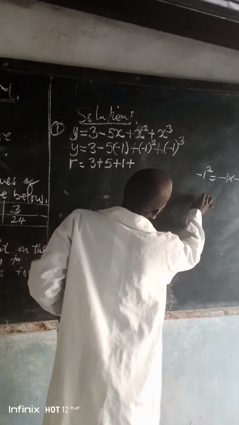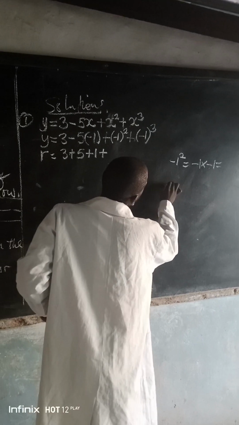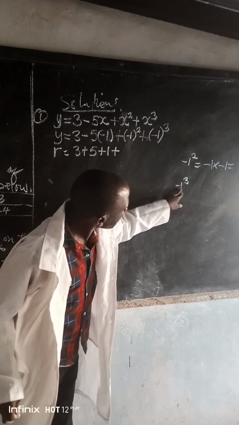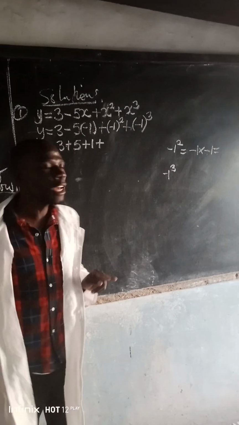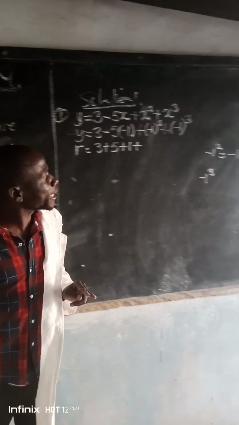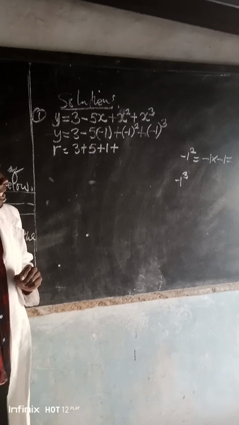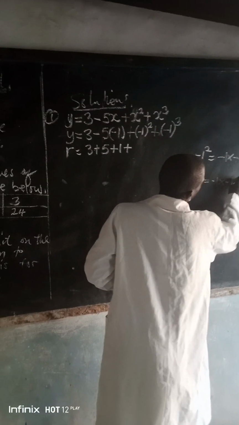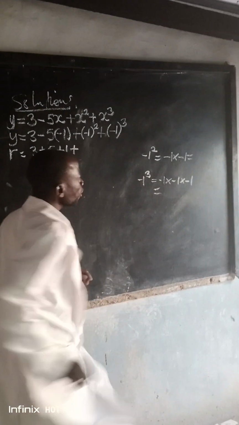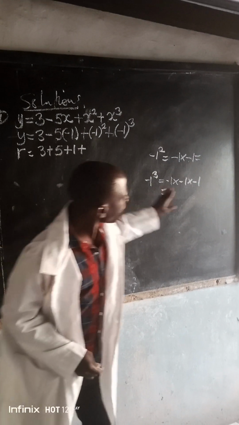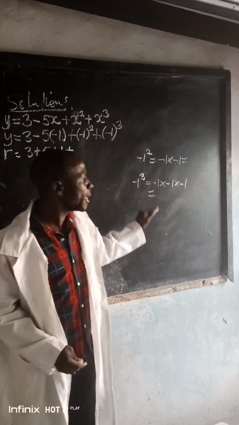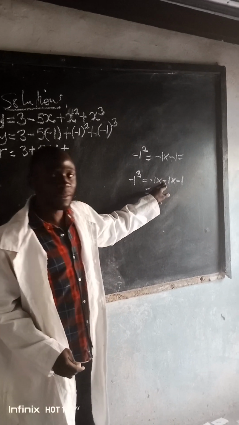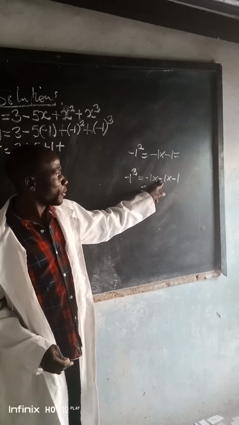Then we also evaluate this one: -1 to the power 3. It means you multiply -1 thrice: -1 times -1 times -1. First let's start with signs. Negative times negative is positive.